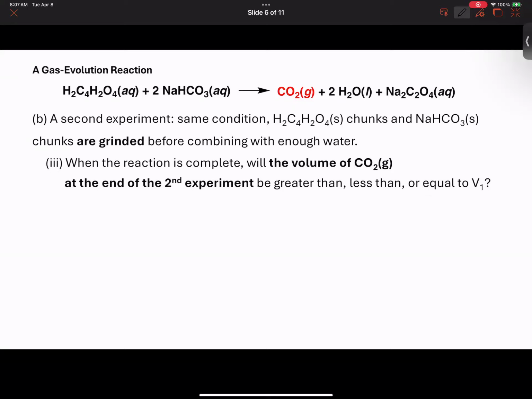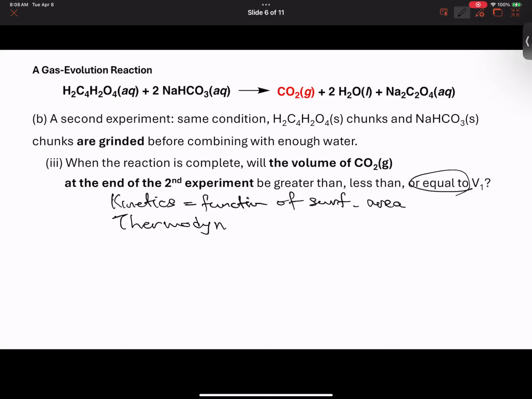It will be equal. Okay, so kinetics. Kinetics is affected by the surface area. Kinetics is a function of the surface area for this heterogeneous reaction. But the thermodynamics is not affected.